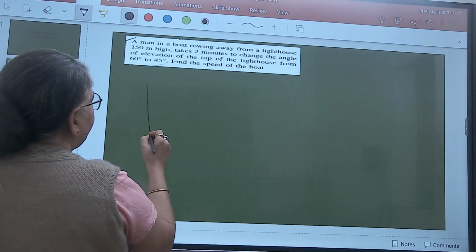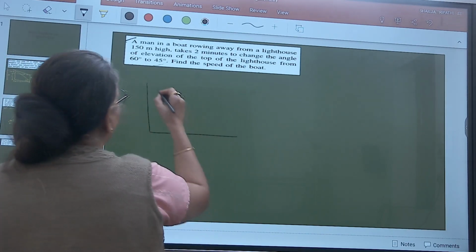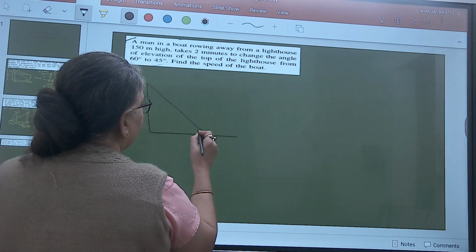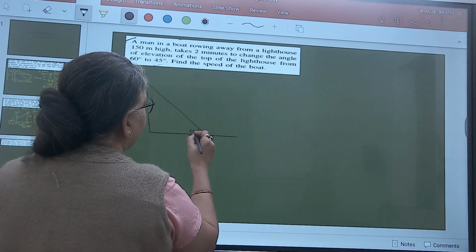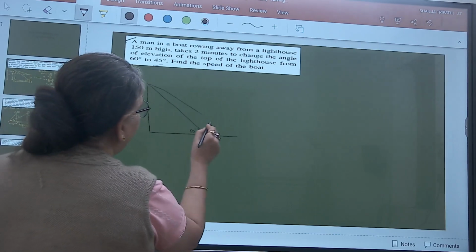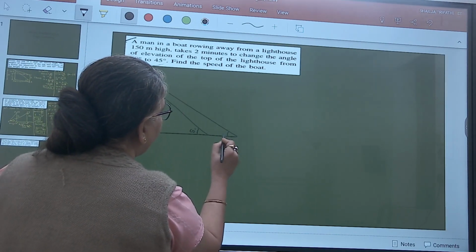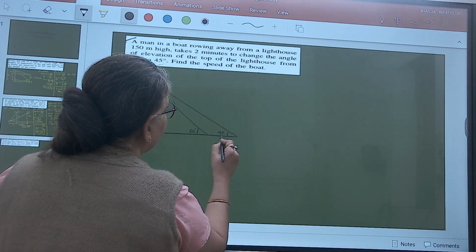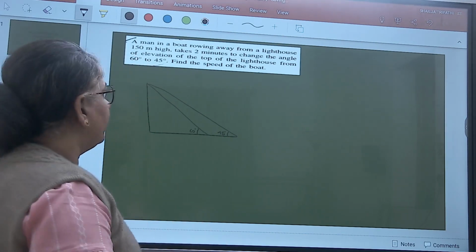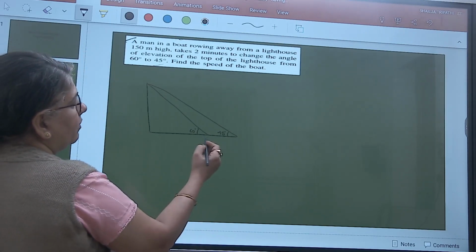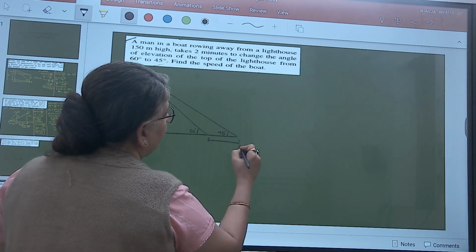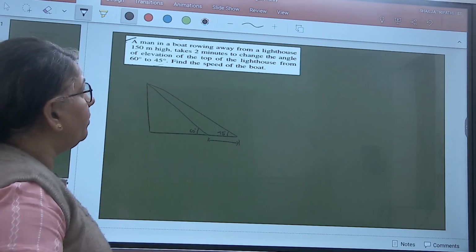This is lighthouse which is 150-meter high and it is being observed from a boat. So the angle of elevation is 60°. After 2 minutes, the angle of elevation changes to 45 degrees. And this change takes place in 2 minutes. So this distance is being covered in 2 minutes.